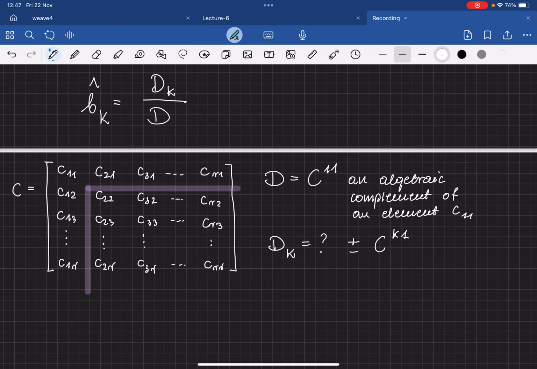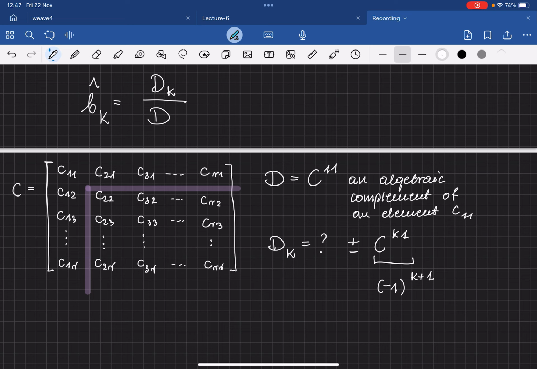So in this case, this thing also includes minus 1 to the power k plus 1. So this is one thing. If we want just the determinant, we have to put this sign into the formula.